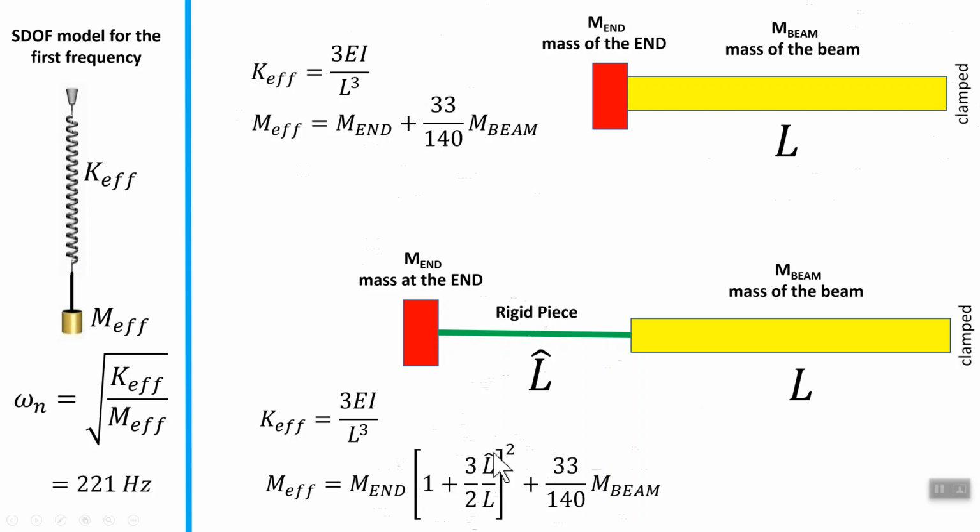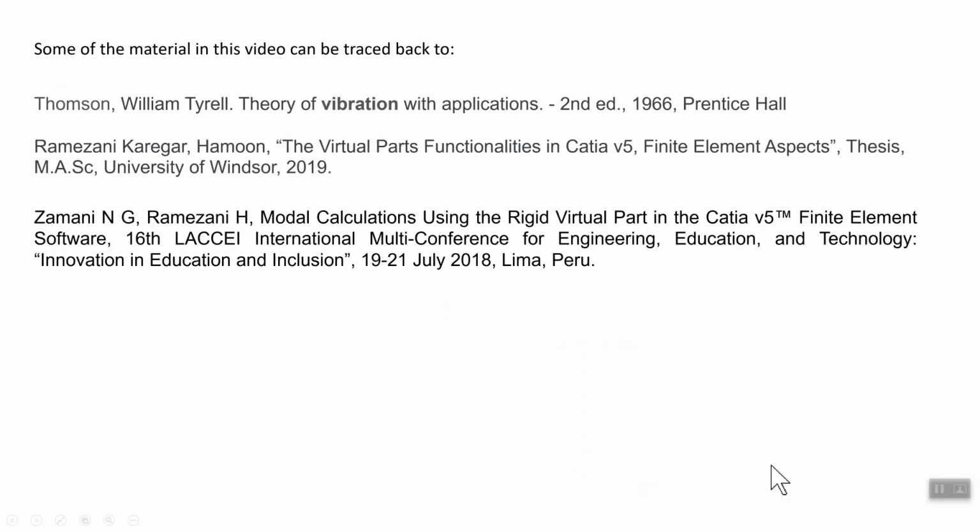Remember, if L bar is 0, in other words, this red piece is immediately attached to the yellow piece, then of course it's going to be M end plus 33 over 140 times M of the beam, even based on this. Now, based on the data that I have, the second year vibrations course formula, single degree of freedom, will give you 220 hertz.